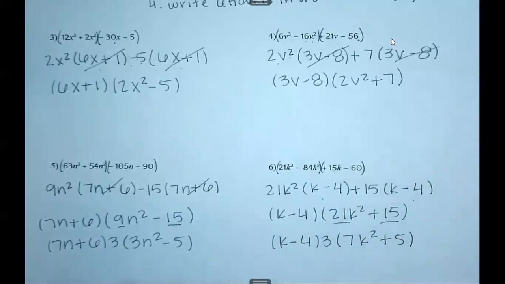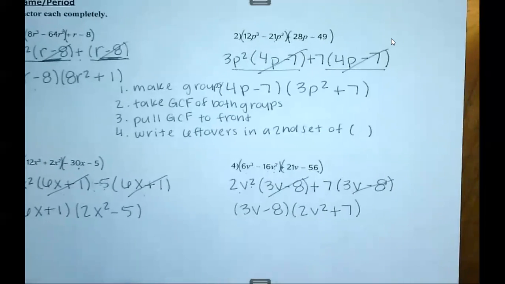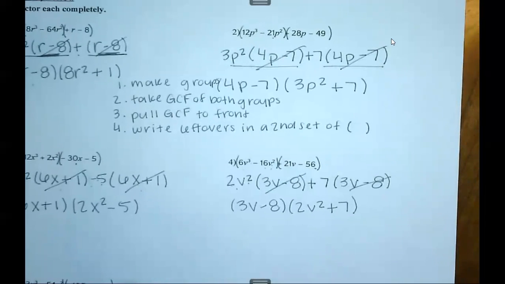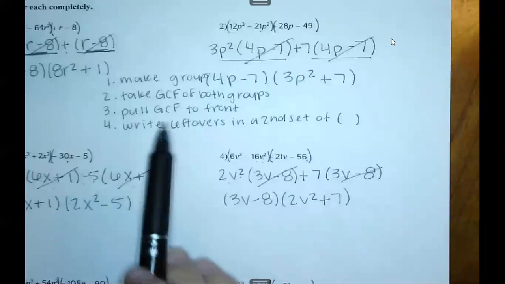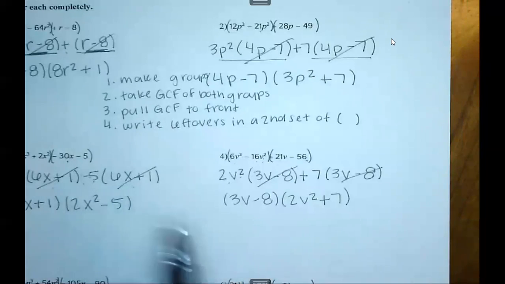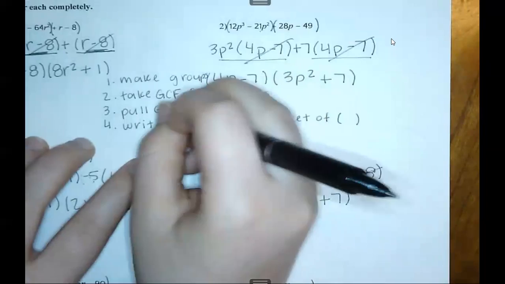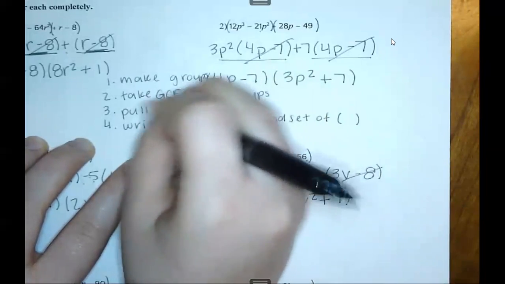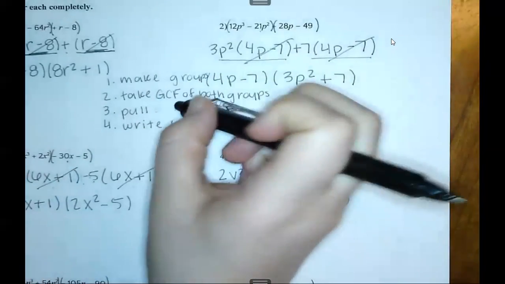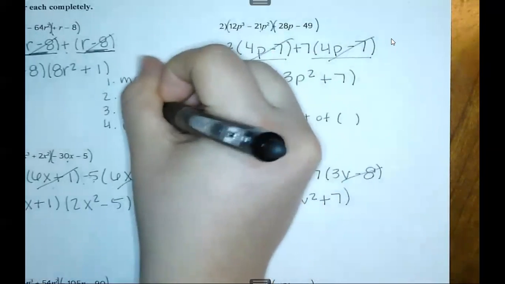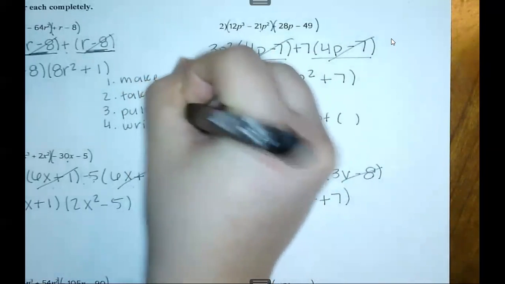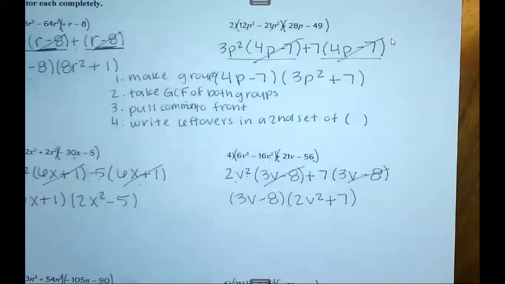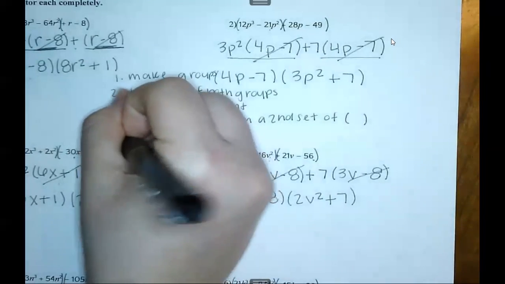All right. So again, our steps are to make your groups, take a GCF out of both groups, then pull what they have in common to the front, and then write your leftovers in a second set of parentheses.